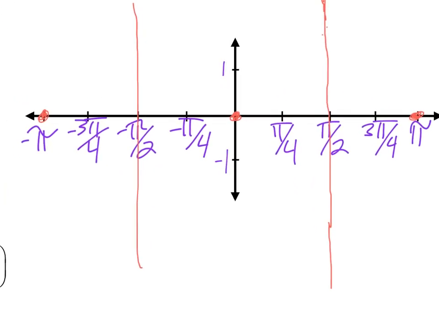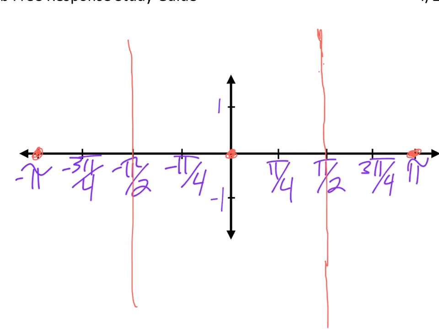Okay, so now this is just a matter of remembering the shape. If it can help you, remember that in the first quadrant, which this section right here would be my first quadrant, 0 to pi over 2, tangent is positive. I have to change colors. Let's go to green.